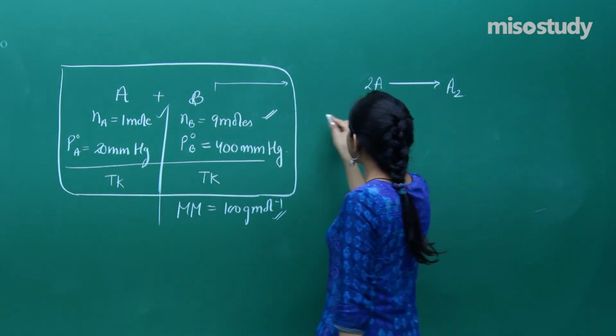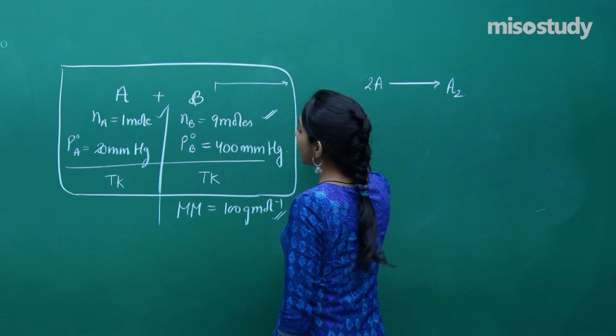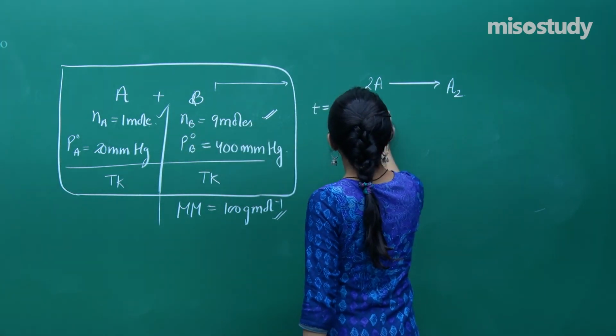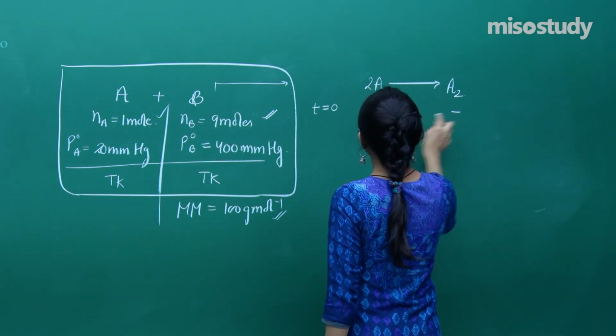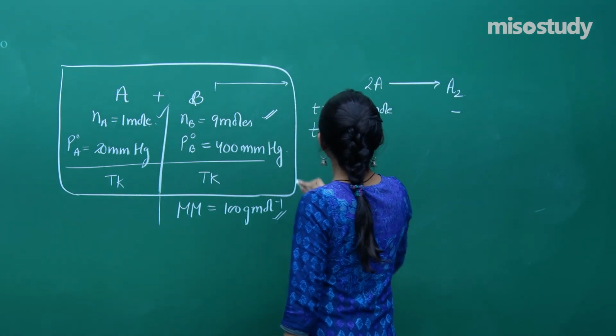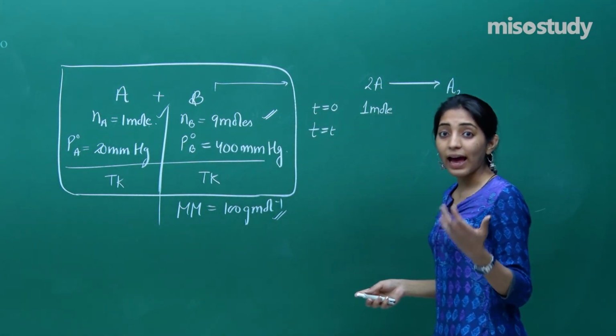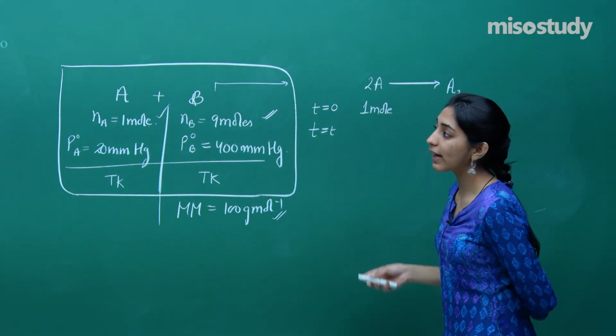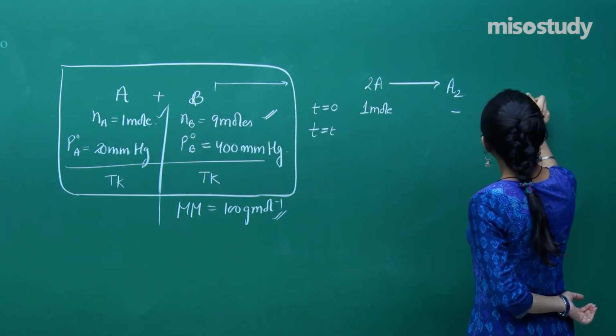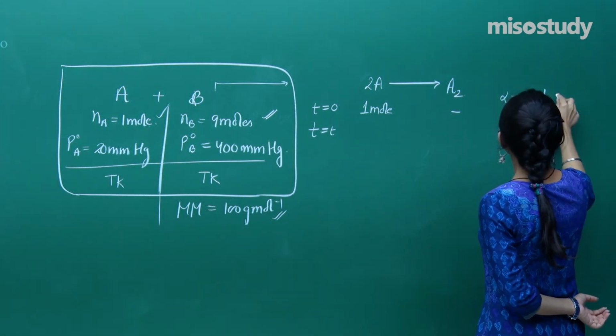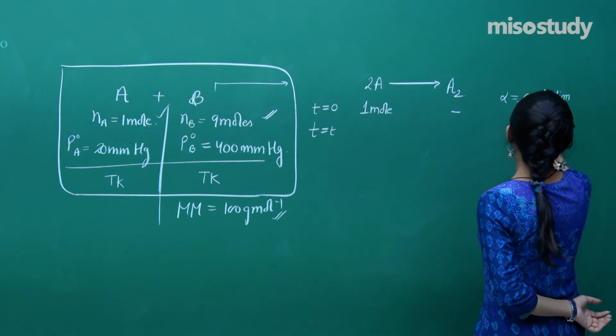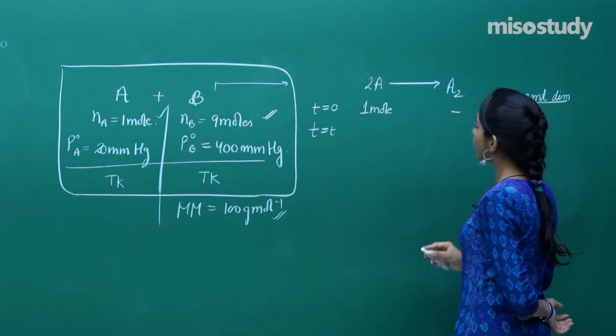Okay. So let us just consider at T is equal to 0, you had 1 mole of A. This is nothing. At T is equal to T, let us say alpha is the degree of dimerization. So alpha is amount dimerized divided by total amount taken, 1.